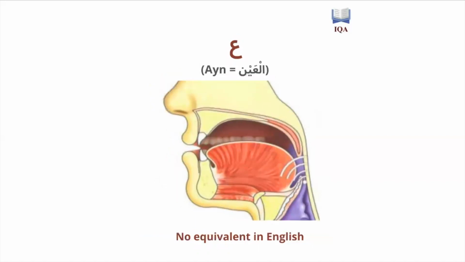Then after that, we have the famous ayn. Now, there's no equivalent to the ayn in the English language, which makes it very hard for people to learn. The epiglottis is this piece of flesh here, this muscle. Its job is that when you're swallowing something, it closes your air path to make sure that the food doesn't go down the wrong hole, as we say. So when we start coughing, what's happening is that for whatever reason, our epiglottis was most likely not closed properly, and some water or some food went inside of there.